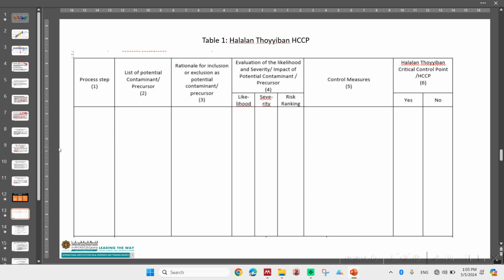That's why you can see there is a column here, evaluation of likelihood and severity. Likelihood here, severity, and from here you will calculate a risk range. I think I will end this session of identifying halal control point here first.